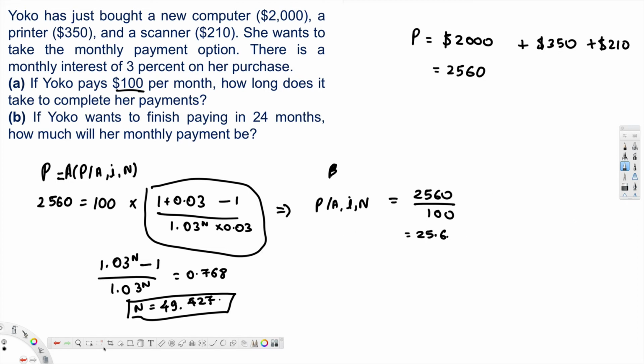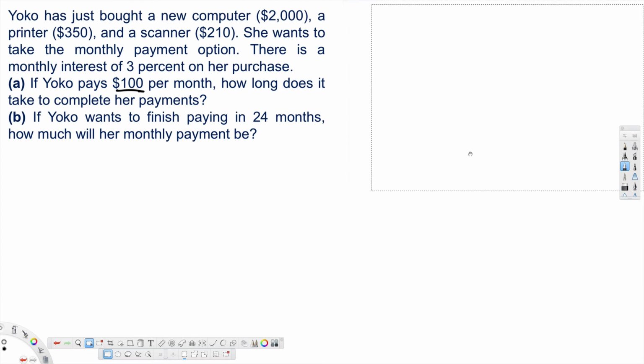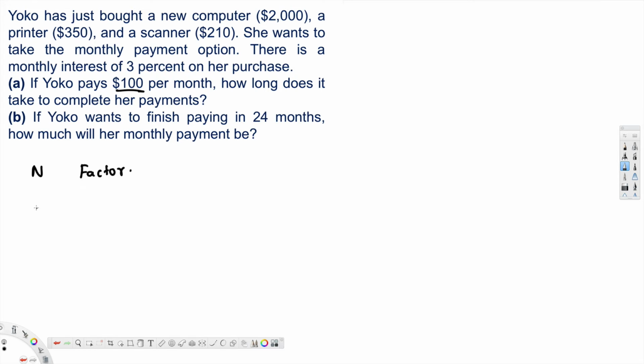The other method is the factor method, and here we have 2,000 and 350, 210, and previously, if you notice, we found this value in the previous method I showed you: P over A, i, n is equal to 25.6.